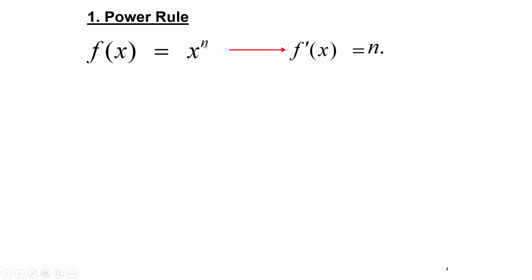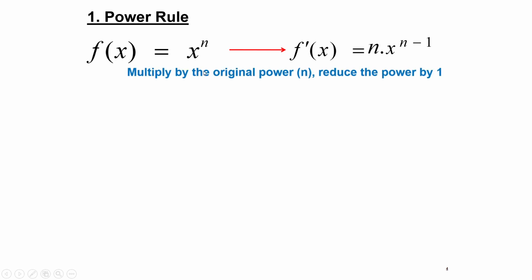Whatever power you have, n is going to come in front, and this dot means multiplied to x, whatever variable you have, and this power is going to be reduced by 1. So that is why we say n minus 1. So power comes in front and power is reduced by 1. N times x power n minus 1.